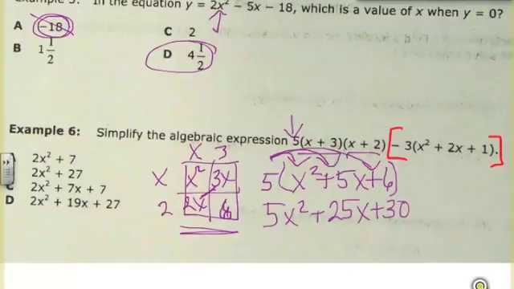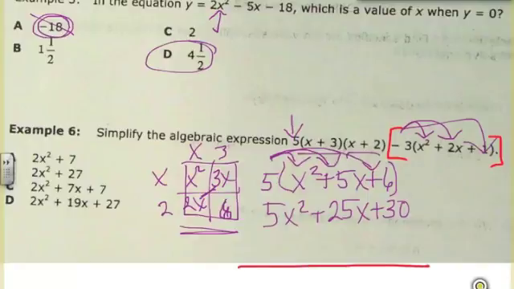Now I need to do the second half of that problem, which is distributing the negative 3. I'm going to write my answers underneath, because I do better combining like terms when I have them lined up vertically. I make fewer mistakes that way. So it would be minus 3x squared, minus 6x, and minus 3.